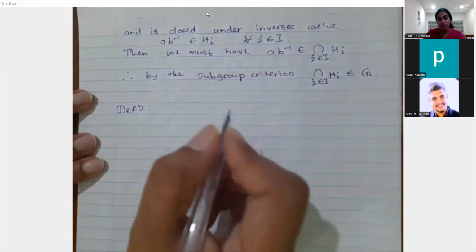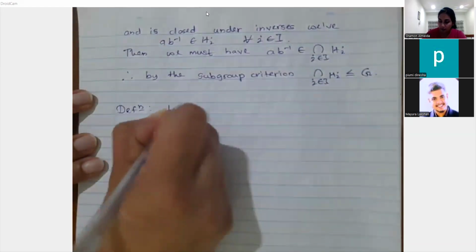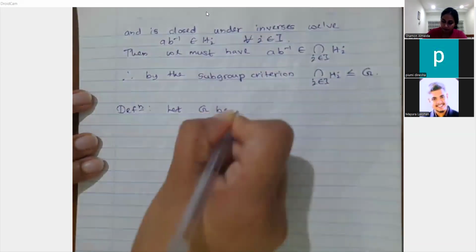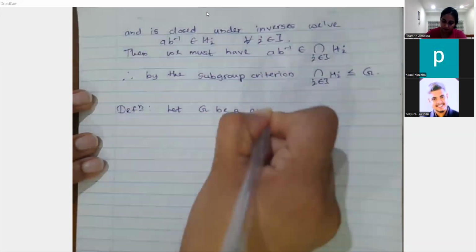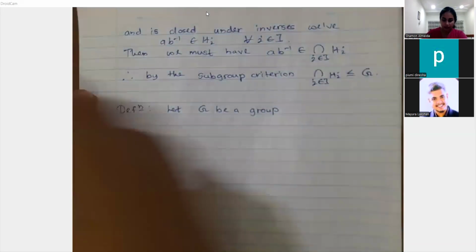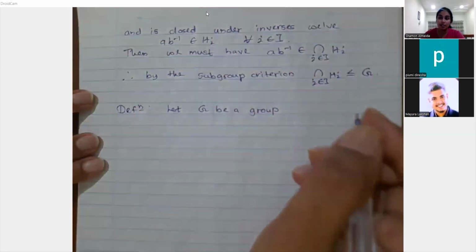Let's take G to be a group. Now we are actually defining generating sets.